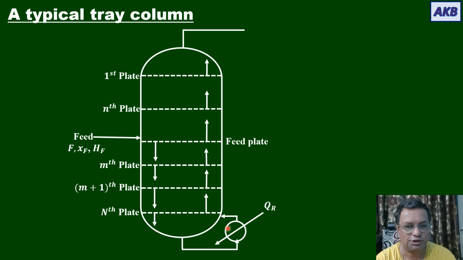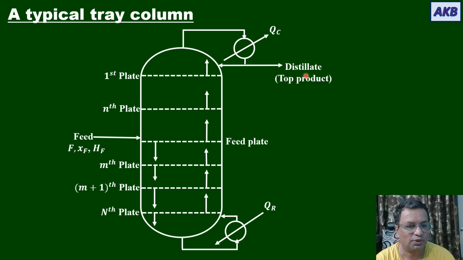It is taken out at the top and then sent to a condenser where heat is removed from those vapors at a rate of QC, and the resulting condensate is then divided into two parts. One goes back to the column, whereas the other one is taken out as the product. We call that the distillate or the top product.